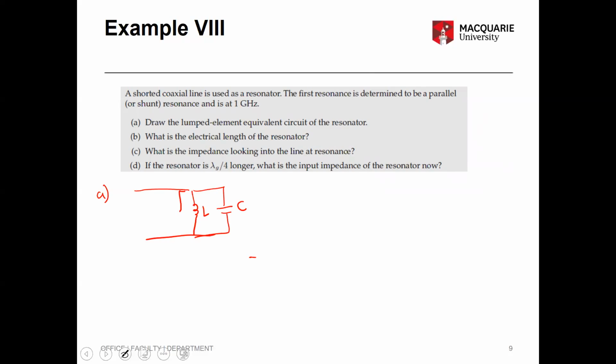The inductor will have a j omega L impedance, the capacitor will have 1 over j omega C impedance, and when they are equal, this becomes resonant. You can have a certain resistance in the circuit too, but it doesn't really matter.